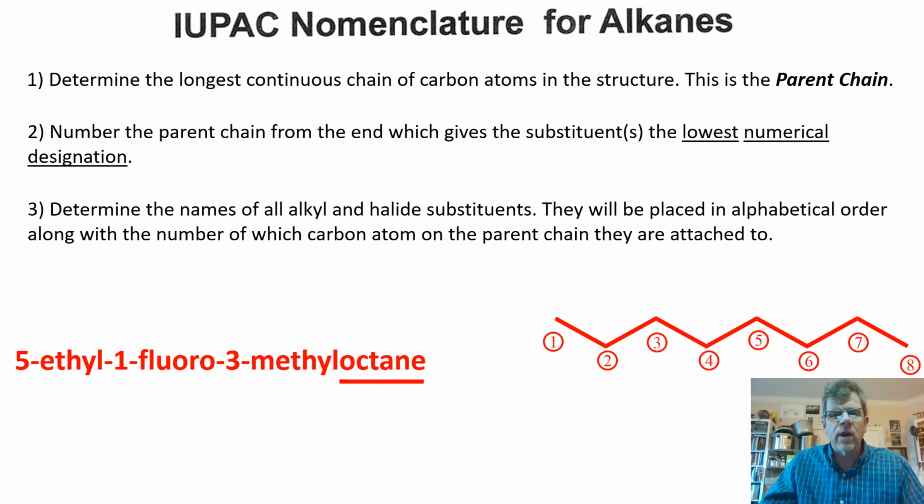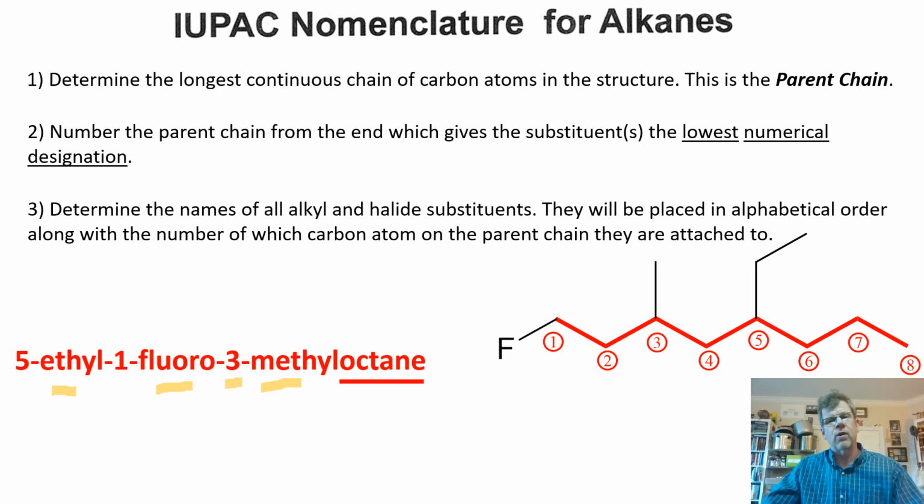And then we go back and look at the name and notice that we have a number of different structures. Here we have methyl, we have a fluoro, we have an ethyl group, and we have their addresses. That methyl is going to be on the 3-carbon, the ethyl is going to be on the 5-carbon, and the fluoro is going to be on the 1-carbon.